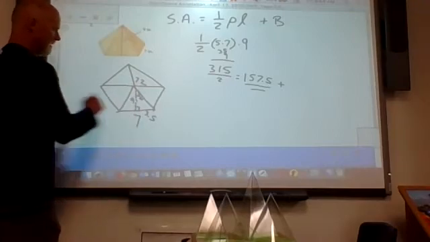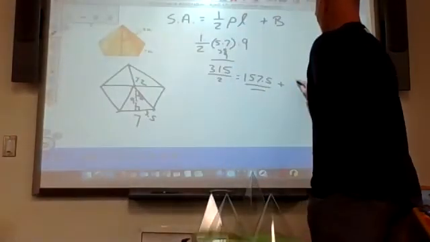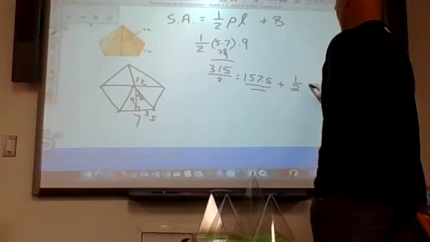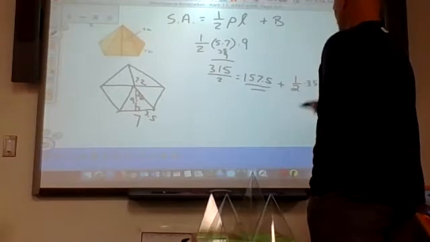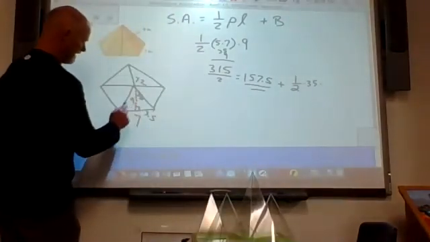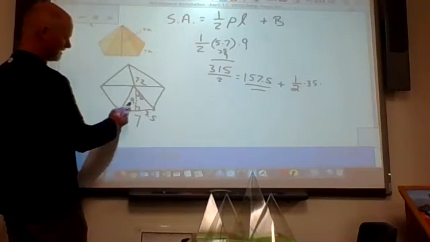Now I need this apothem. So my area for my base is 1/2 the apothem times the perimeter. Well, I know my perimeter is 35. So now all I need to do is find my apothem. Sorry if I made that look like a 9, but it's an A. So this is opposite and adjacent.